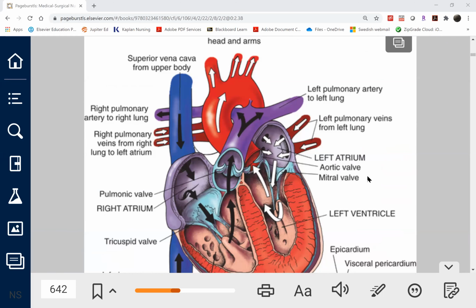Because of that dual circulation, you very seldom hear about a pulmonary infarct. We hear about an MI all the time, myocardial infarction, but we never really hear about pulmonary infarct. That's because there's dual circulation for the lungs. Because of that structure, it's almost impossible to infarct it because there's plenty of blood vessels supplying the lungs.